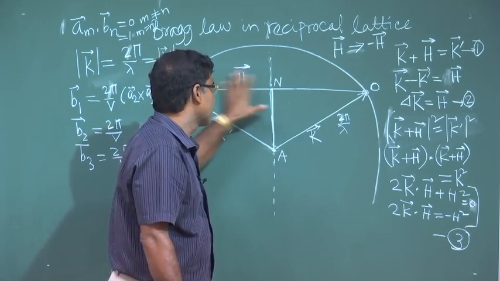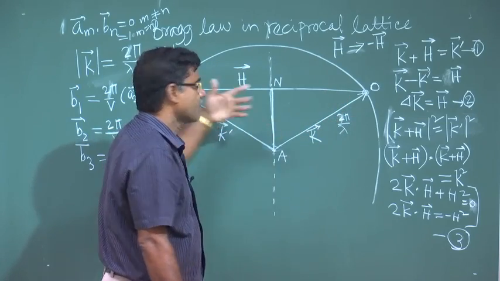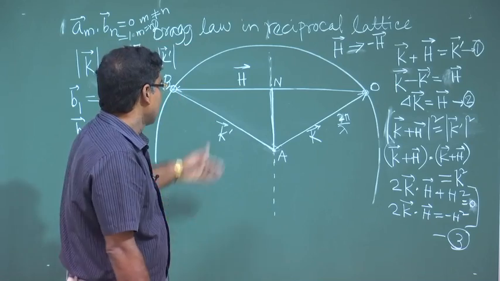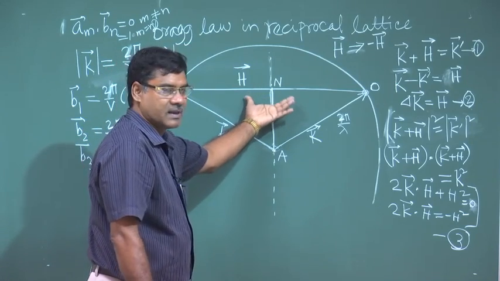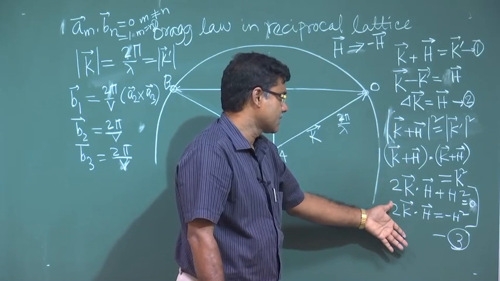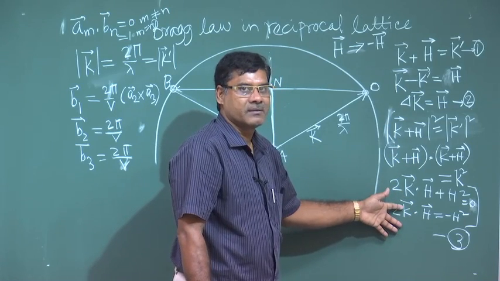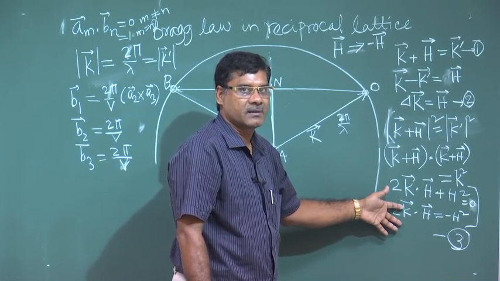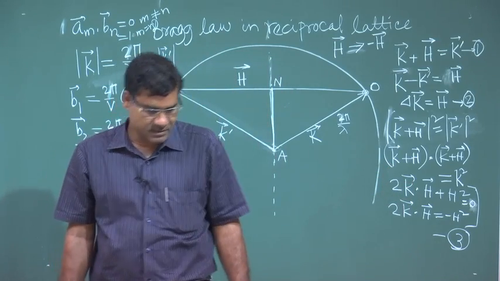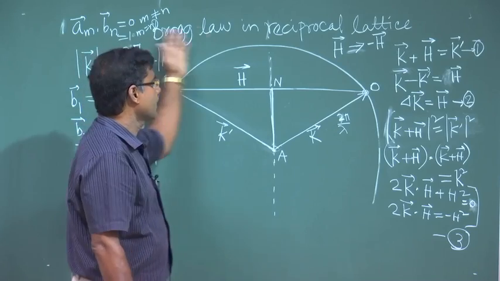Okay. So with this configuration we have tested the Ewald construction, and now we are using this construction. We got this condition in vector form. Okay. So this form is basically still Bragg law in reciprocal lattice.